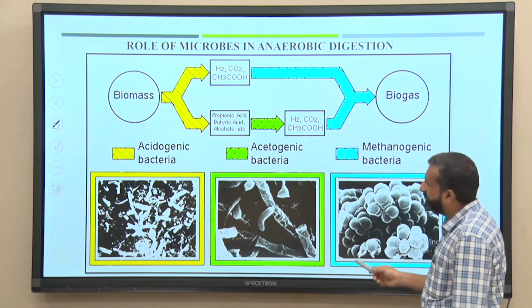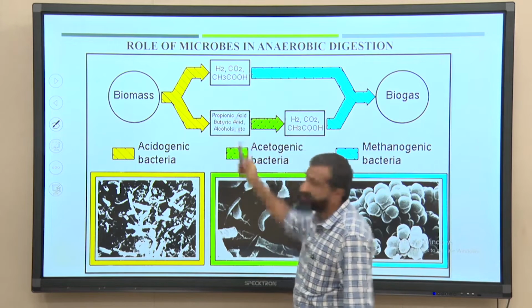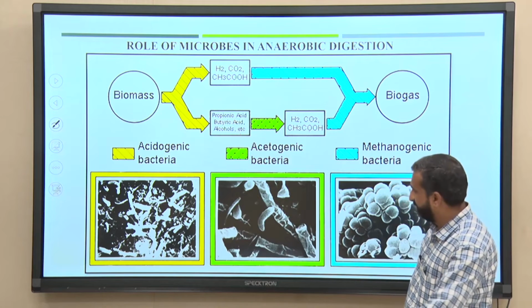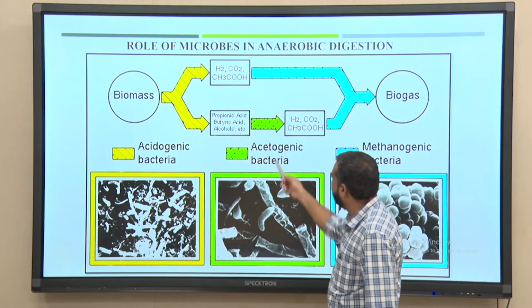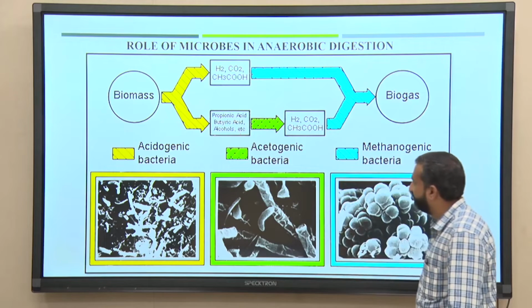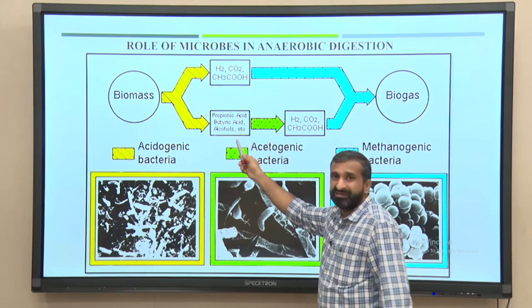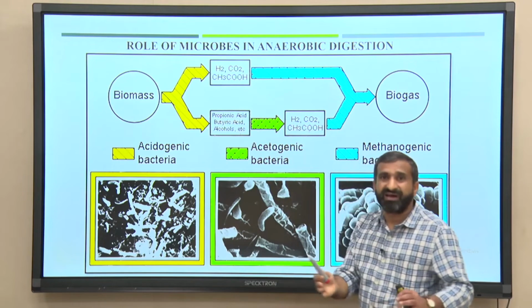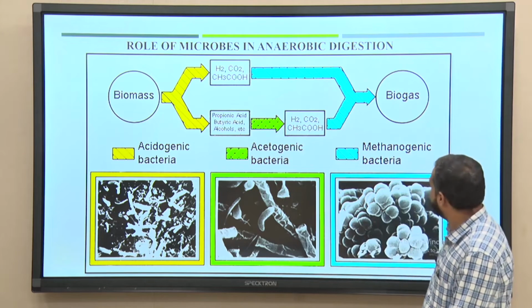And you see here by color, the yellow color is the production of fatty acids by acidogenic bacteria. The green color is acetogenic bacteria. These bacteria are required to convert the large carbon containing fatty acids to simple carbon containing fatty acids.